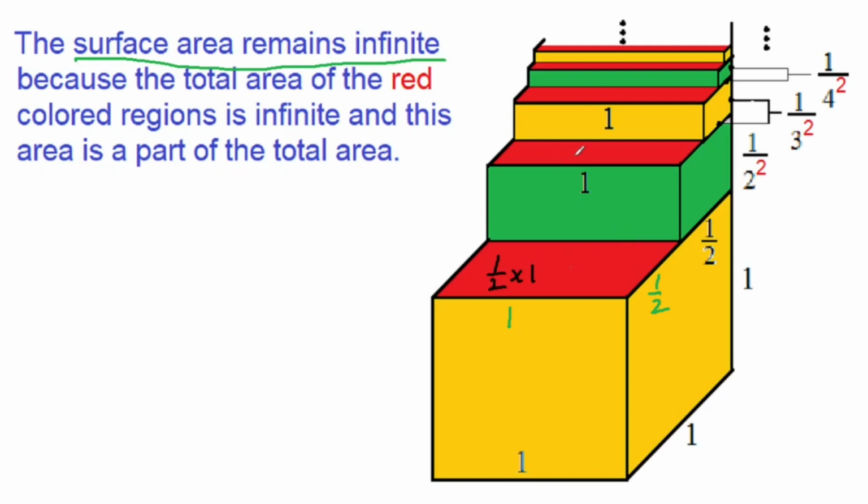The next red rectangle has dimensions 1 and 1/2 of 1/2 over here. So the area is 1/2 of 1/2 times 1. The one above it has area 1/2 of 1/3 times 1. The width is still 1, and so on.